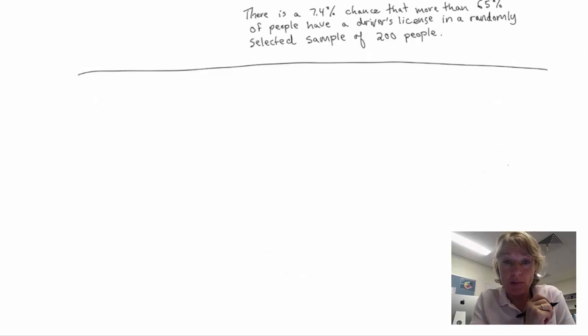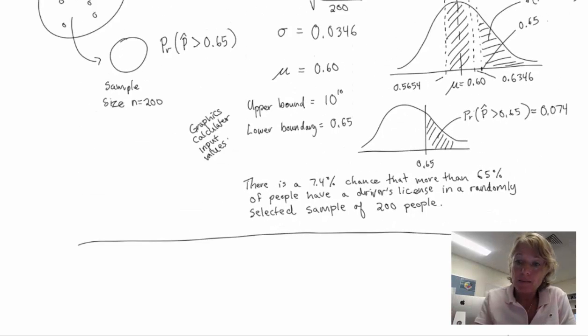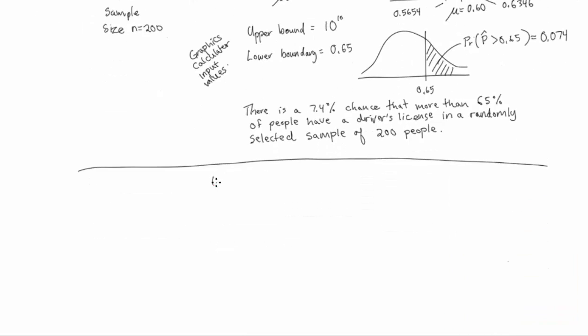Let's solve the problem using Z-score tables. So we know the average. Z-score equals x minus the average all over the standard deviation.